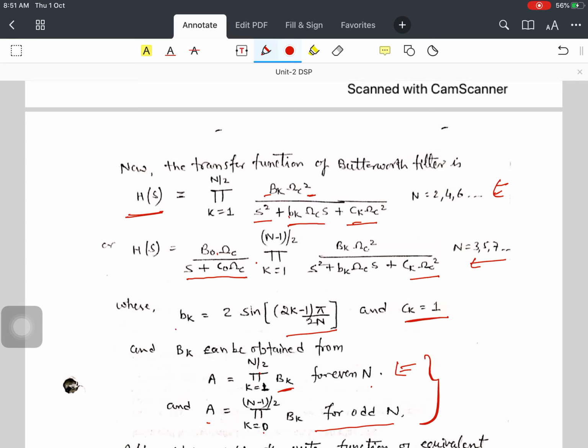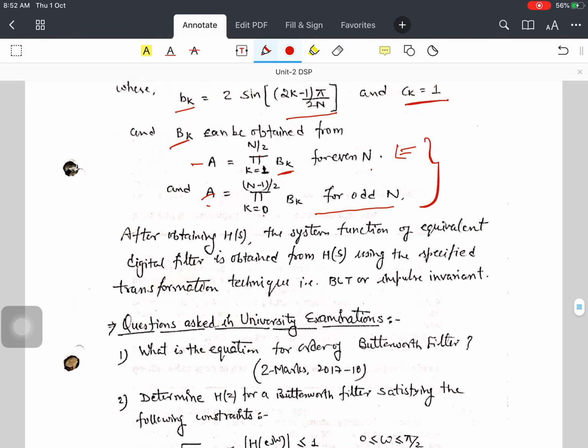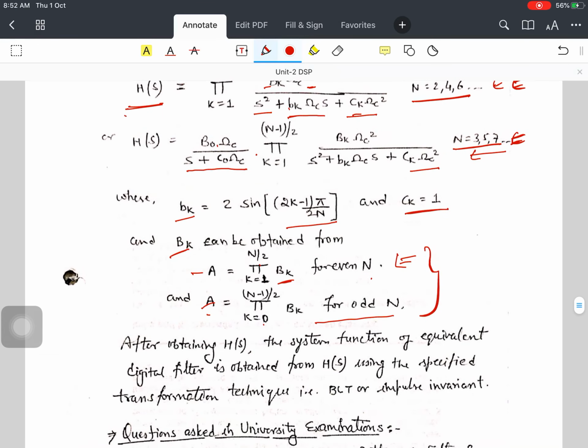You have to remember the generalized formula for n even, for n odd, and also the design parameter calculation. When you do all these things, you will get the Hs value for even and for odd.